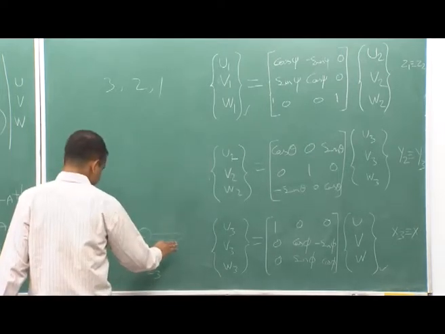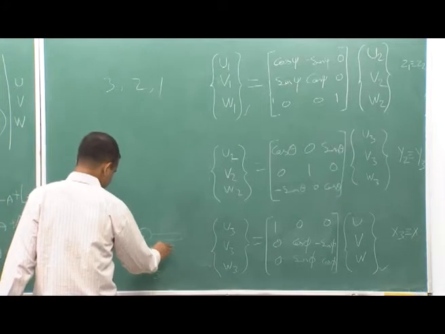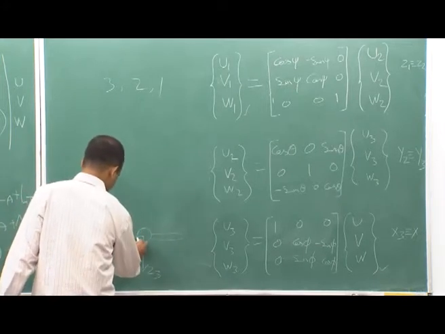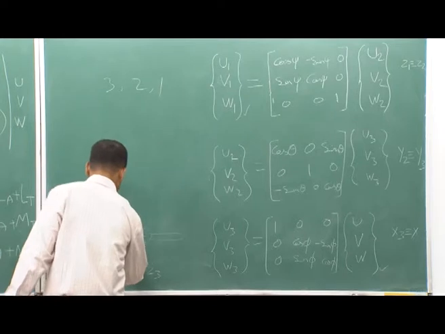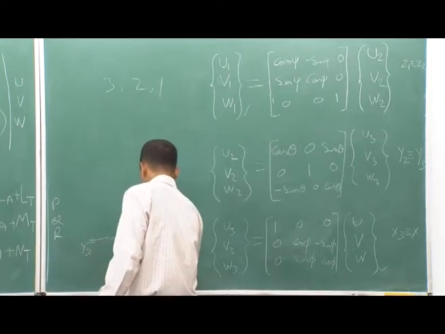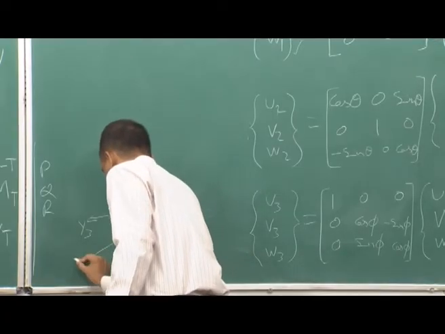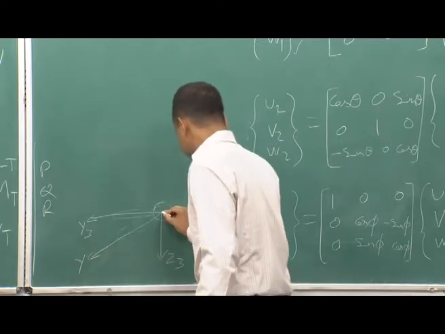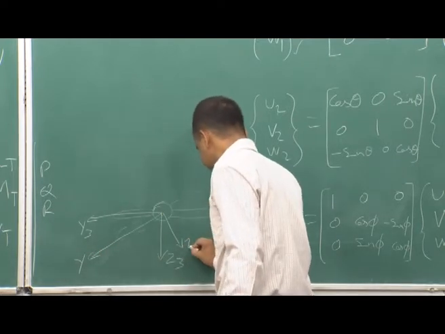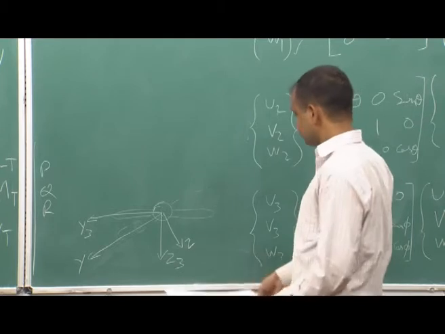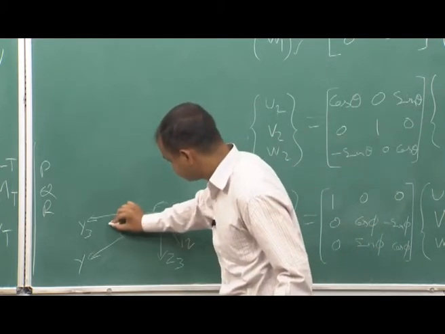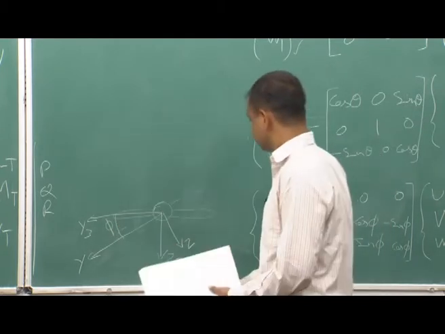So, right wing down means if this is my front view, it will become like this, and this is my final y and this is z, and this angle is phi.